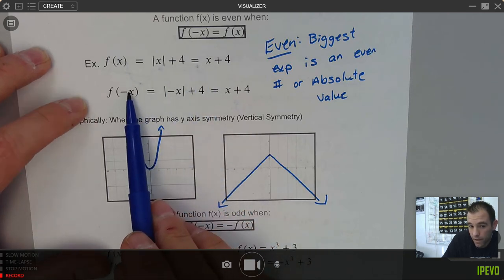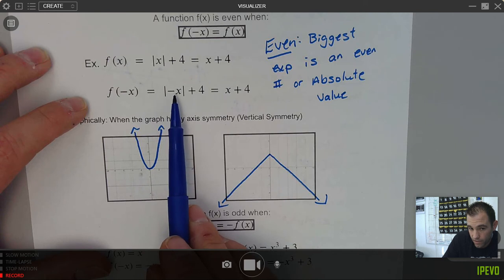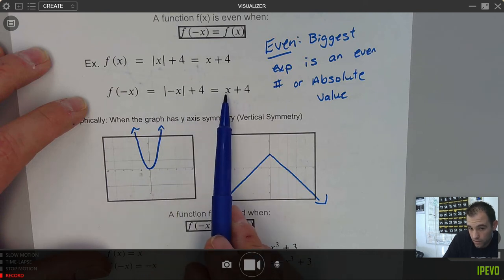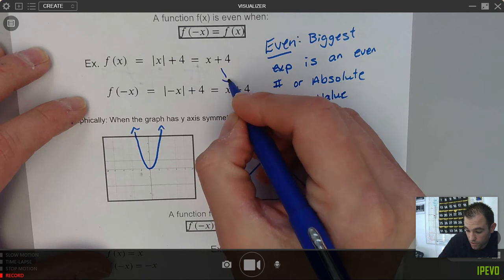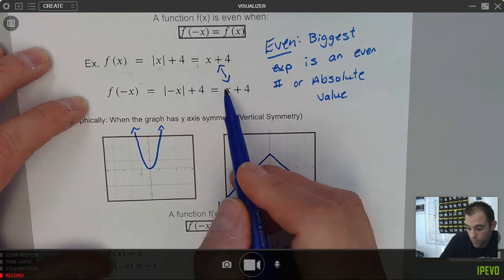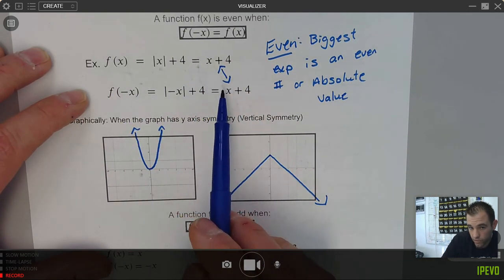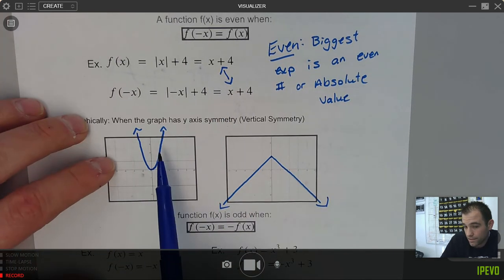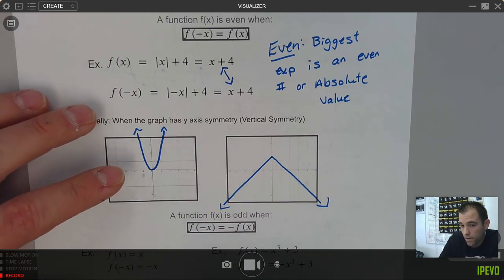Same exact thing would happen if you made the x negative. The absolute value of negative x is x, and then the plus 4 stayed the same. So if you notice, these two things are exactly the same. The f of x is x plus 4, the f of negative x is x plus 4. So they are identical. So since they are the same, that means this is an even function, okay?